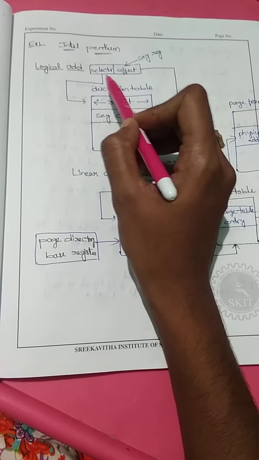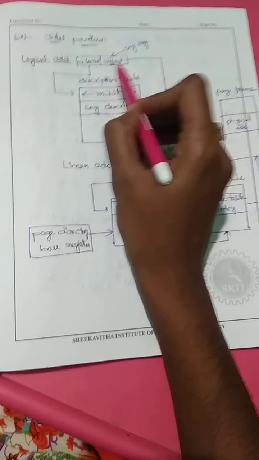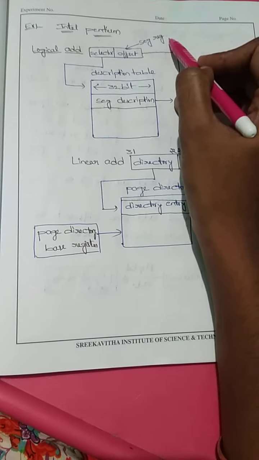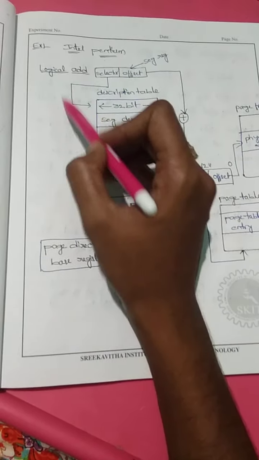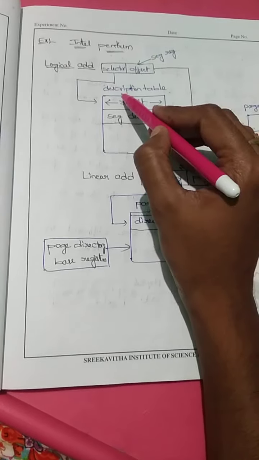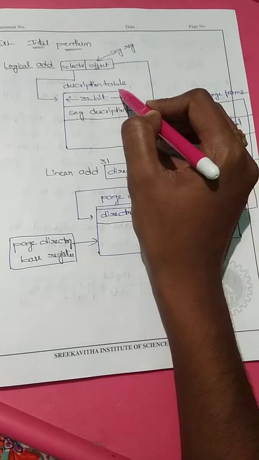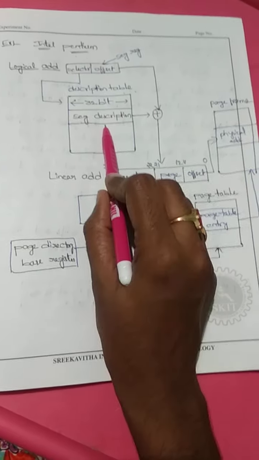This logical address contains two fields: the first one is a selector and the second one is an offset. We can call it the segmentation register. The selector refers to the descriptor table, and this descriptor table contains a 32-bit segmentation descriptor.